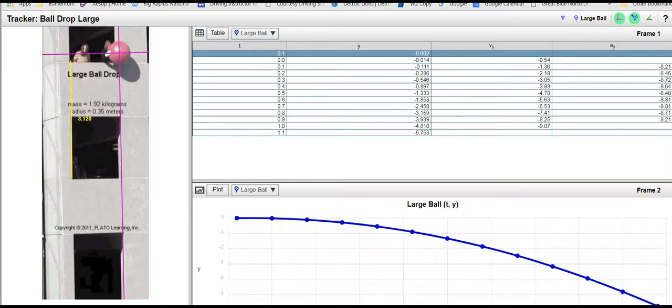At 0.1 seconds, let's circle this for you. So 0.1 seconds, it's right there. It looks like 1.36 at 0.1 seconds.